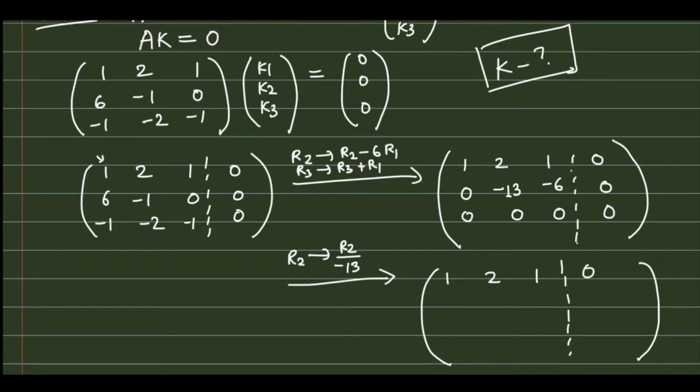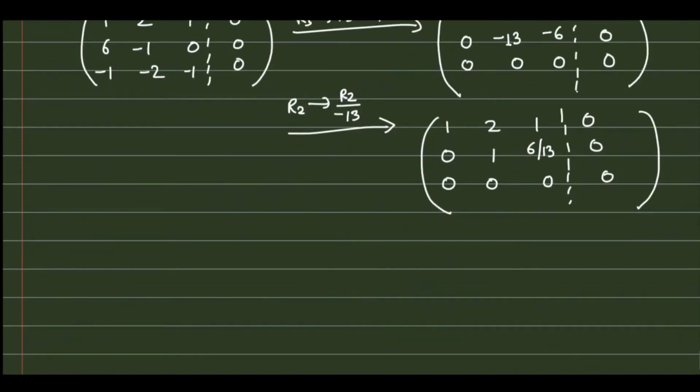In the second row, it becomes 0, 1, and this becomes 6 by 13, and here again 0. Third row same, 0, 0, 0, 0. So after doing elementary transformation, we got this.